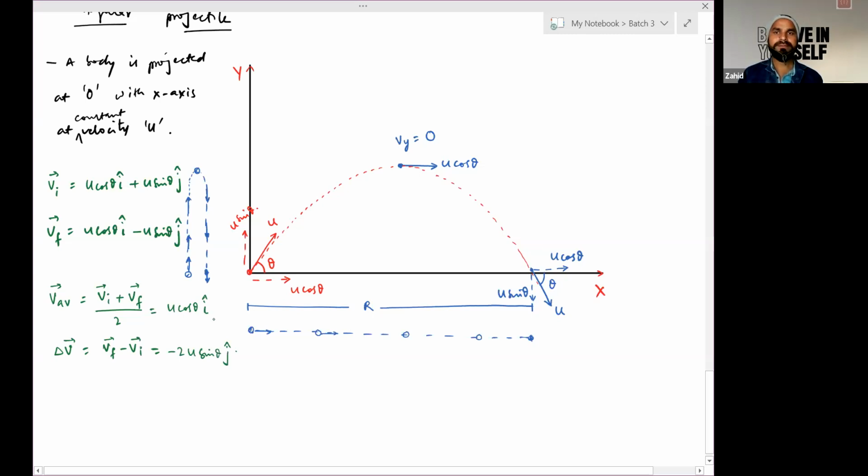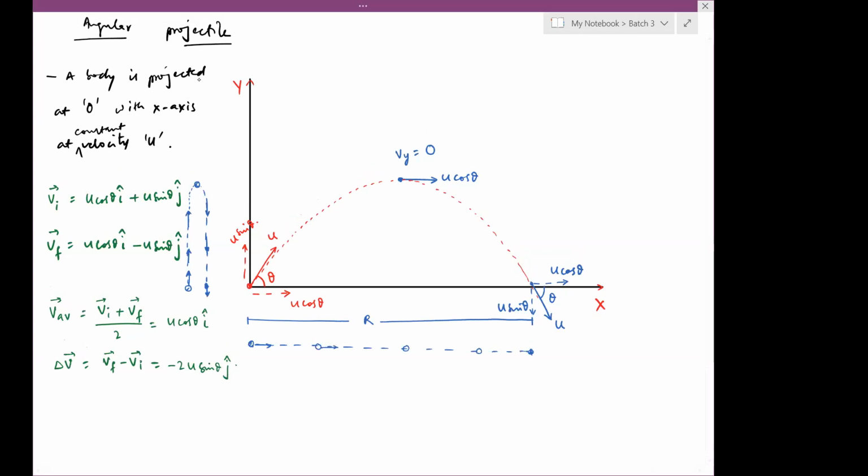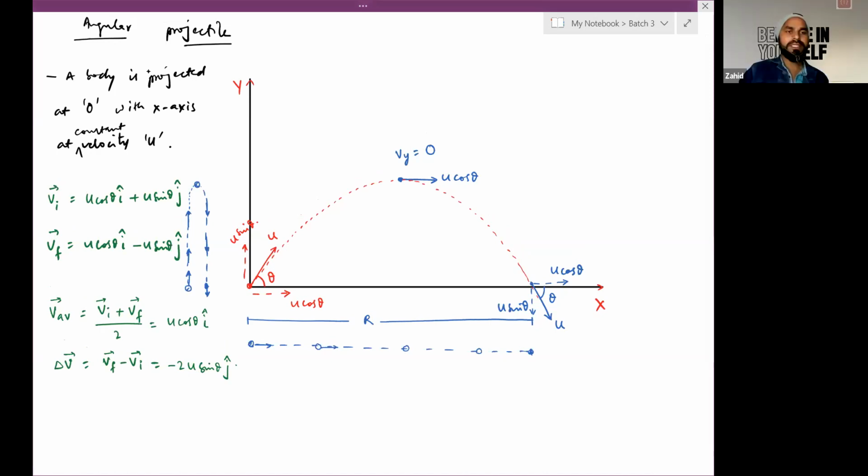Is it clear? Yes, sir. Okay, just write down till this part.